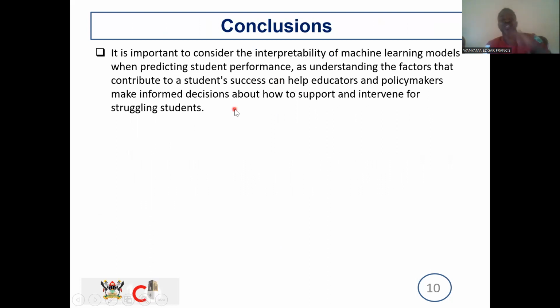Then in conclusion, it is very important to consider interpretable machine learning models when predicting students' performance, because they help us understand the factors that contribute to the students' success and can help educators make informed decisions about how they can support the students.